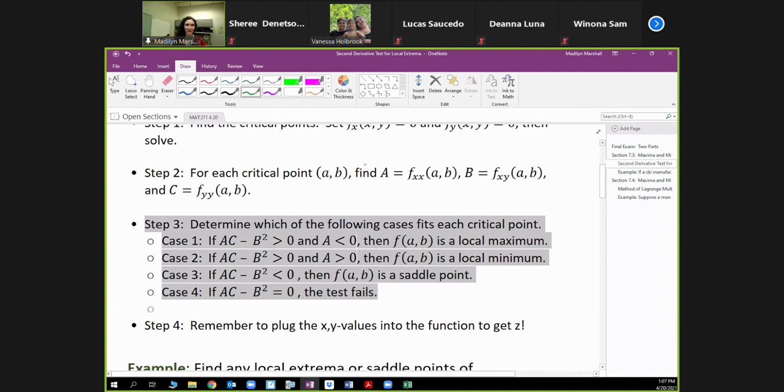Okay, so what you're saying is that A, B, and C will always stay the same no matter how many numbers or sets that you have? Not necessarily, because if we had 3 variables, we would have another partial derivative.